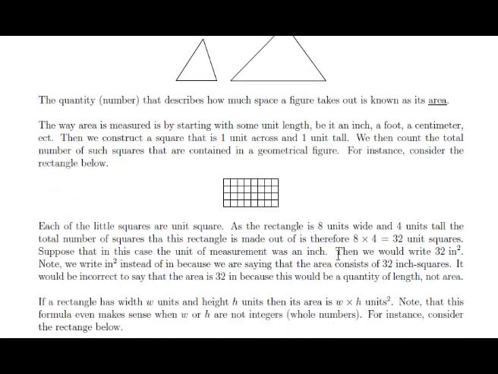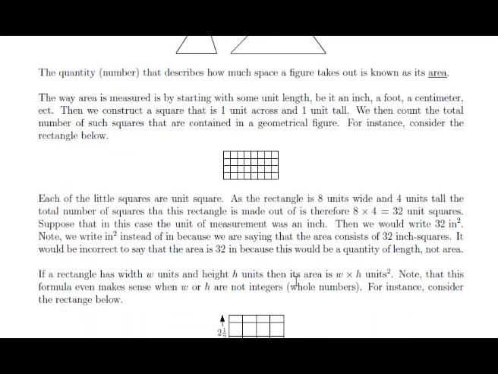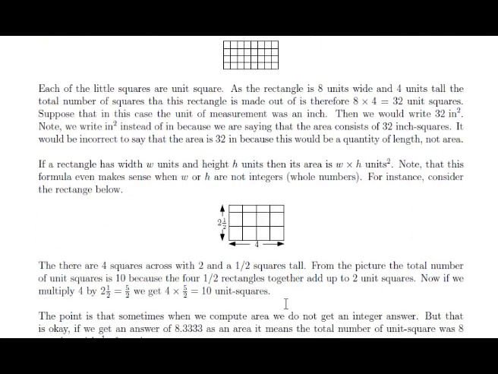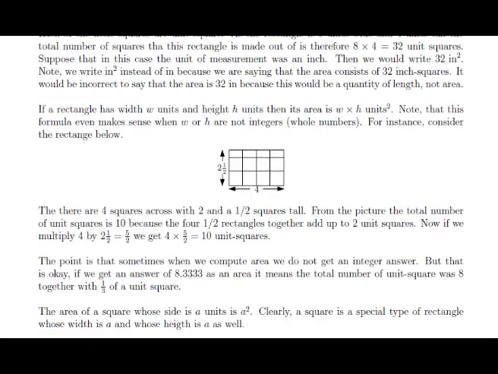So this would be 32 square units over here. The same thing is true if you have half a unit. For example, if 4 is the length and 2.5 is the height, then you do 4 times 2.5, which is 10 square units altogether.